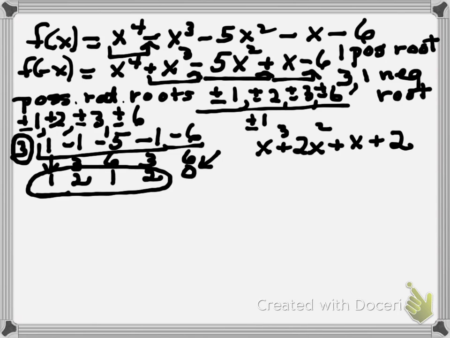So for f of x, I know that there aren't any positive roots left. And I'm going to take a look at the factors, positive and negative 2 over positive and negative 1. I know I can have positive and negative 1, positive and negative 2 to try now with synthetic division.